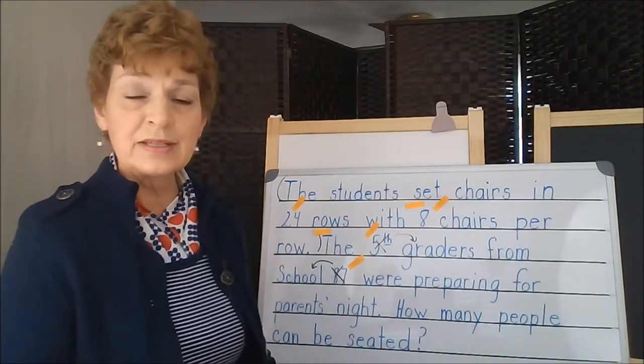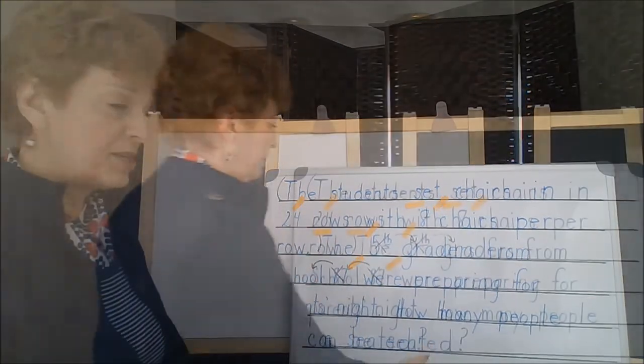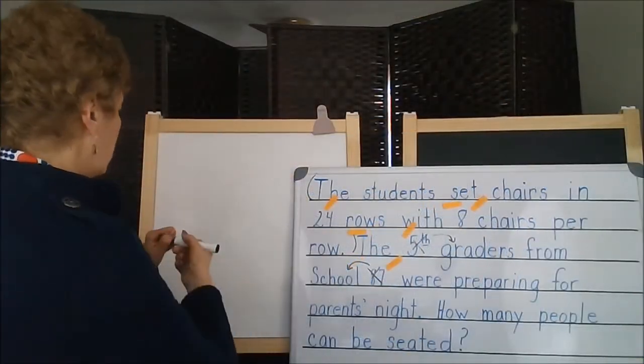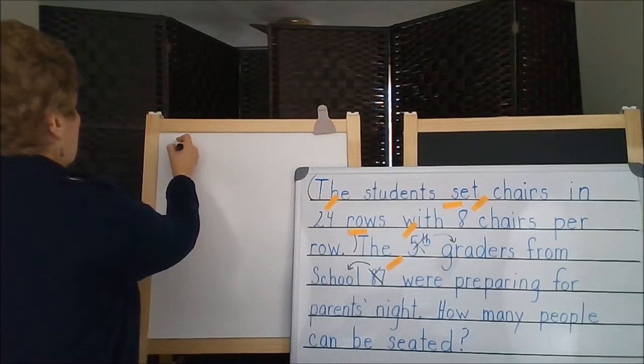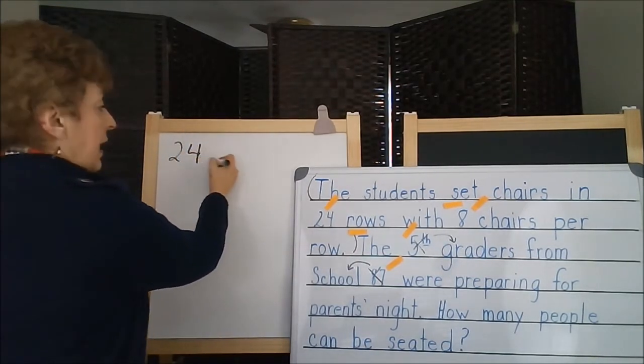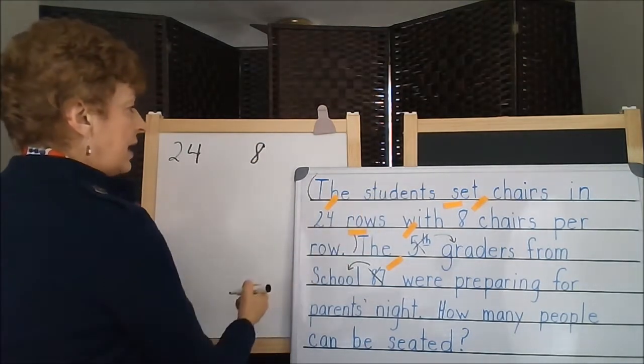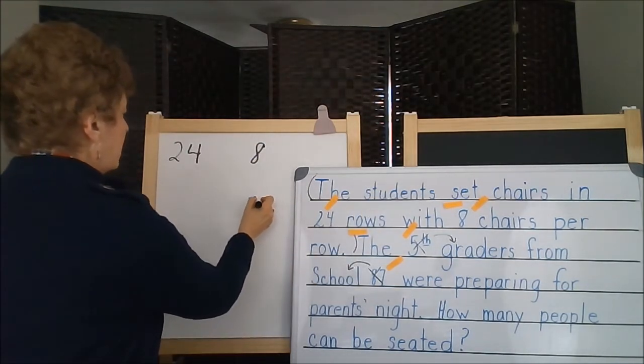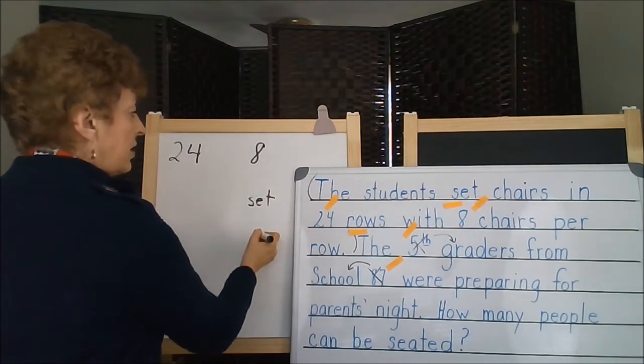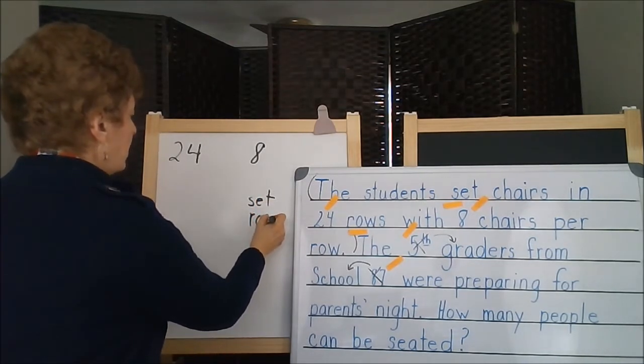So let's see how this problem might be set up. Okay, so we're focusing on 24 and the number 8 with the idea that we have sets, a set of chairs, and also rows.